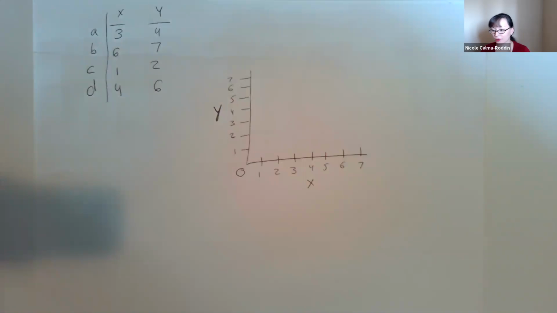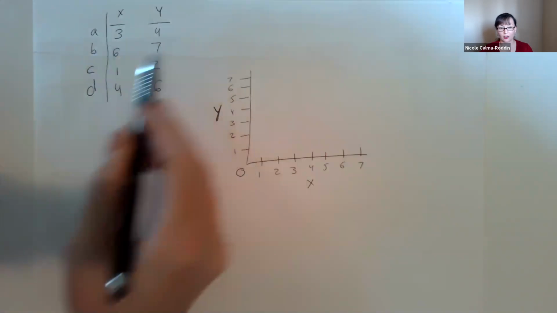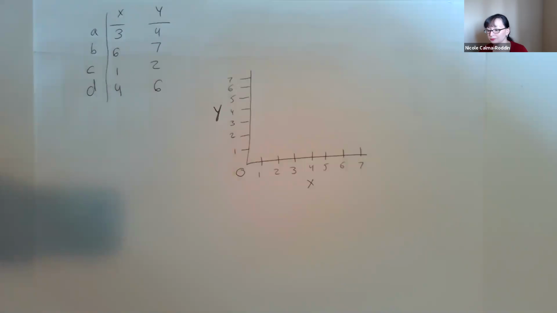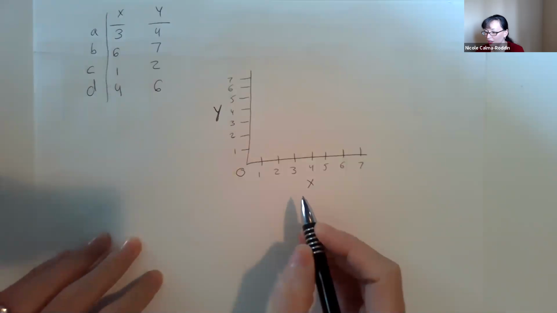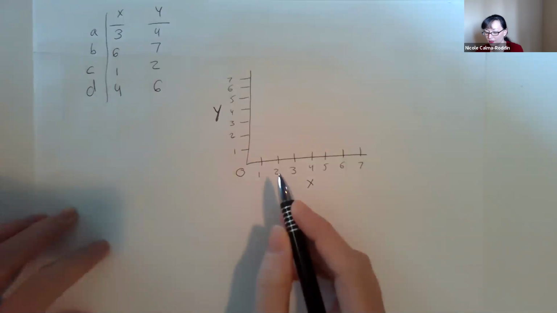As long as it's very clear what we're trying to do, and things are labeled properly. The next thing we're going to do is make a dot for each pair of scores, one dot for each row. We're going to find the place on the horizontal axis for the score for the horizontal axis variable.